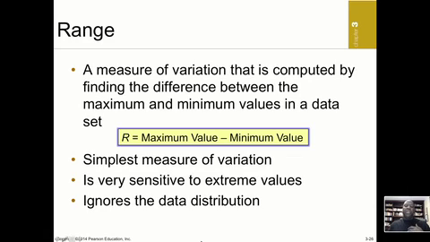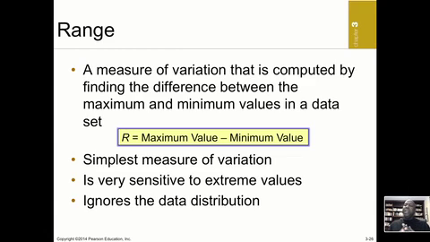The range is the maximum value minus the minimum value. So if the highest mark in the exam was 95 and the lowest mark was 25, then the range is 95 minus 25, which is 70. So a measure of variation that is computed by finding the difference between the maximum and minimum values in the data set, we refer to as the range.